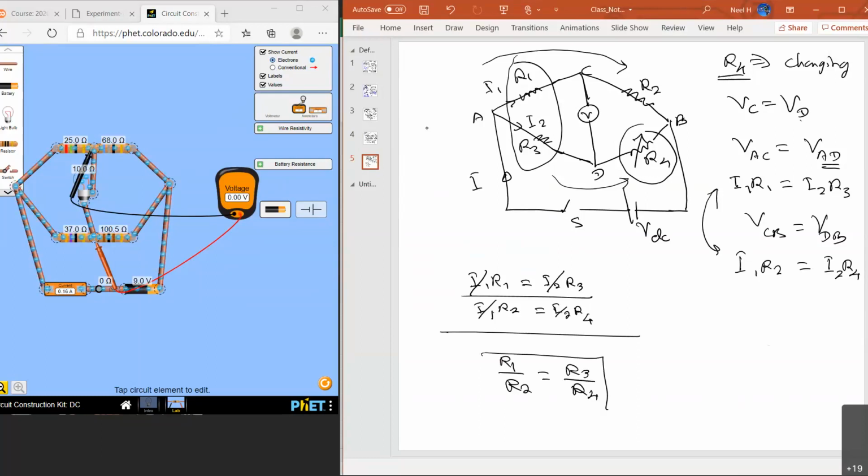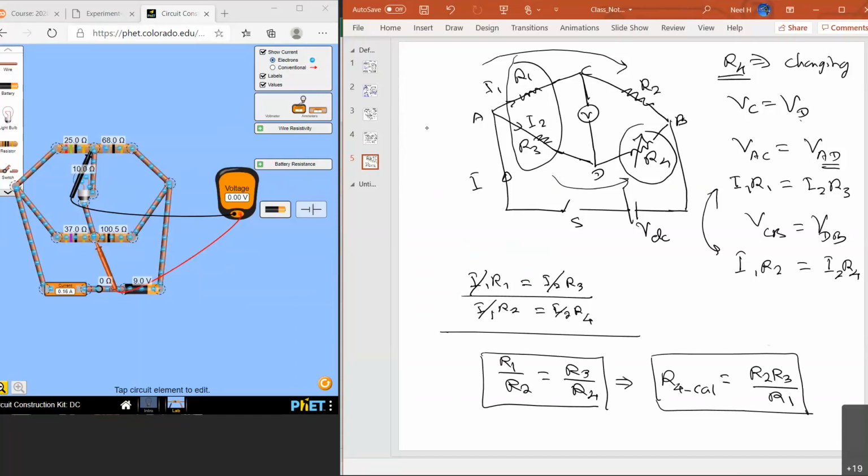So that's the equation we're going to use to calculate the value of R4. The calculated value of R4 is R2 times R3 divided by R1. That's the calculated value, okay? Good, any question?